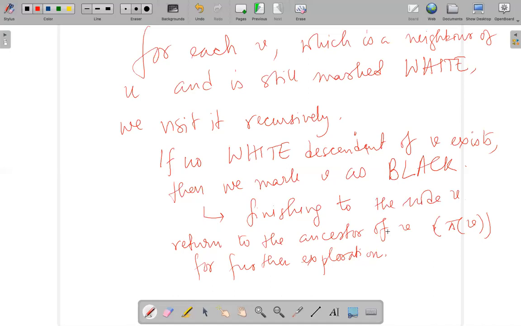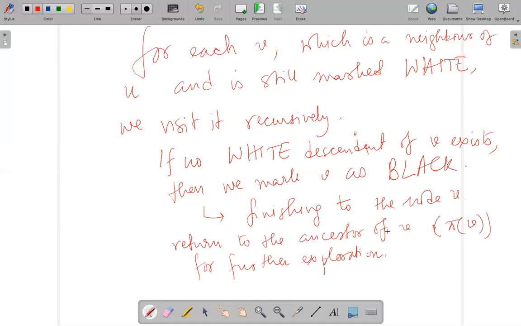And once a particular vertex has all its descendants marked as gray, that is, they are visited, you mark that particular node as black, that is, all its descendants have been visited. And now you go back to the ancestor of that node and you keep doing further exploration. So as you understand, there is a recursion involved in the whole process.